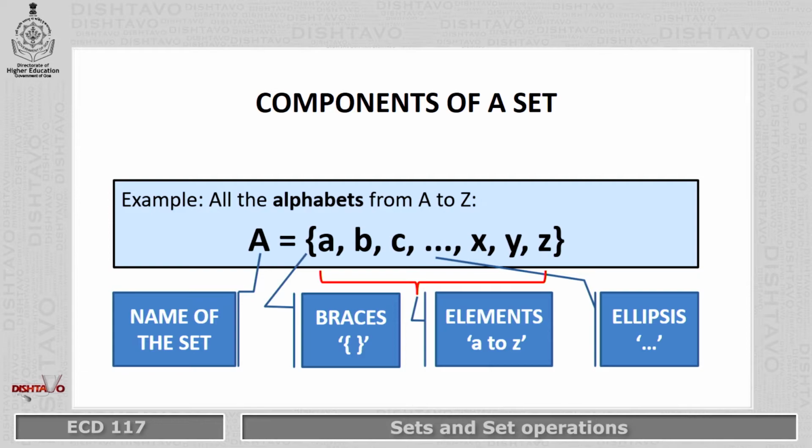If we had it on the extreme left, it would mean that we did not know what the left extreme is. In this case, we have it in between A, B, C and X, Y, Z, because we want to say that there are some more elements, but we don't want to write them down now. That's the meaning of ellipsis. And the order of this set is nothing but the number of elements that it contains. In this case it is 26.